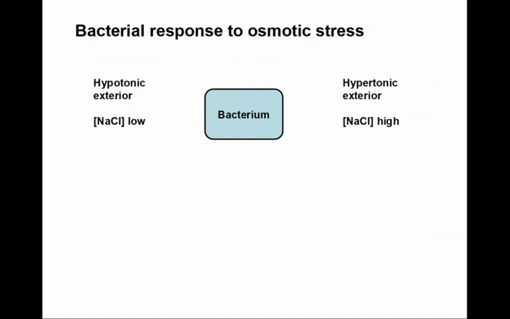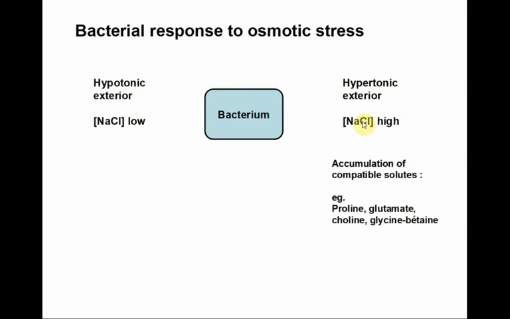Okay, so how do bacteria react to extreme salt conditions? Too much salt or not enough salt outside the cell. That's what I mean, okay? Not enough salt, you'll have a hypotonic exterior. Too much salt, the exterior will be hypertonic.